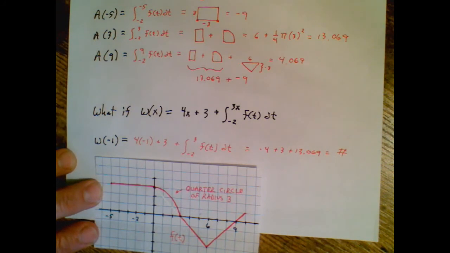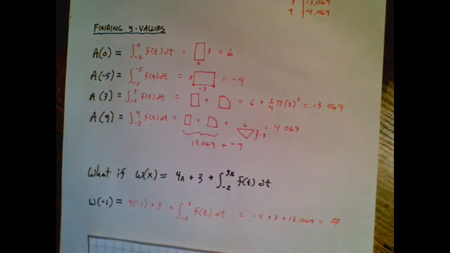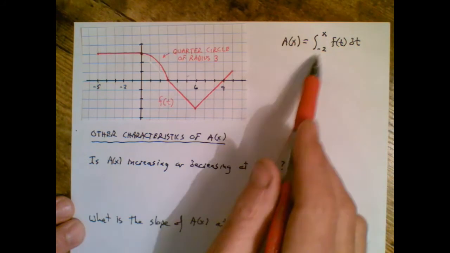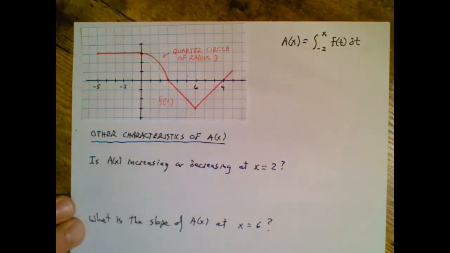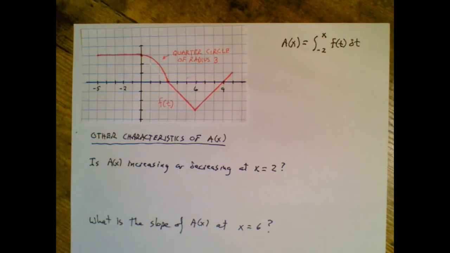All right, we're going to move on to different ideas because at this point in the game, you know how to find y values of accumulation functions. I'm keeping the same accumulation function, the same graph of f of t, and now we're going to start looking at some other aspects, not just y values.